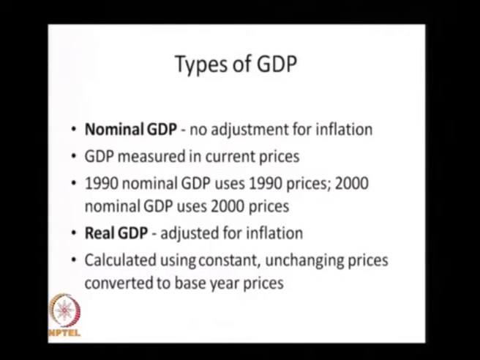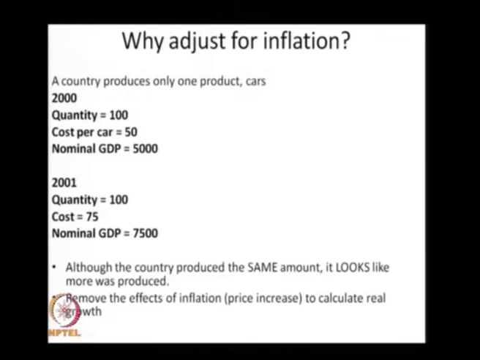Whereas in a real GDP the adjustment for inflation is also made. It is using some constant base price. Now let me just give you an example for you to understand this. Let us say the economy of a country is just producing cars, and let us say in the given year 2000 that it produced 100 cars and the cost of production was 50 per car.